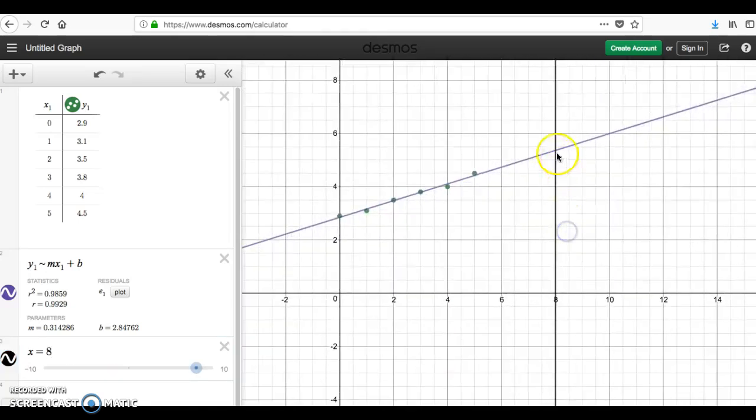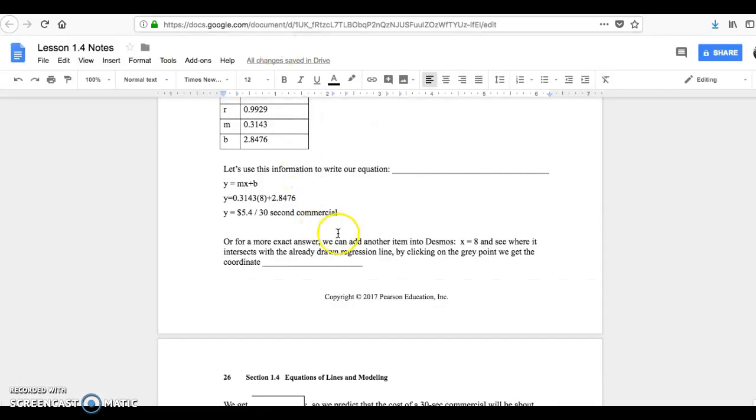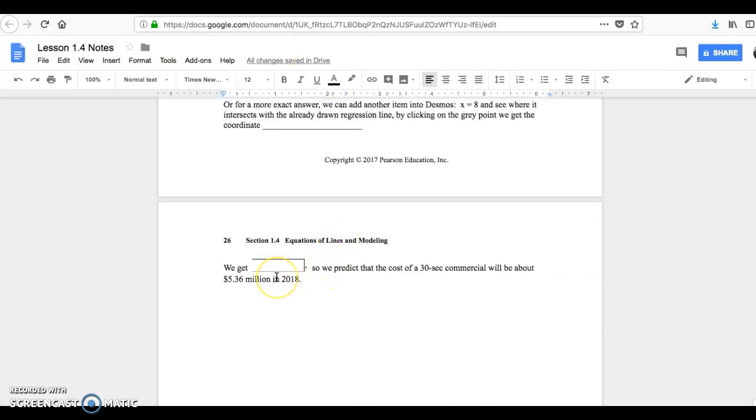I can click now on my point and see where they intersect, and notice it's the exact same answer that we received when we plugged it in. So, filling in our last box here, we can predict that there will be $5.362 million for a 30-second commercial in the year 2018.